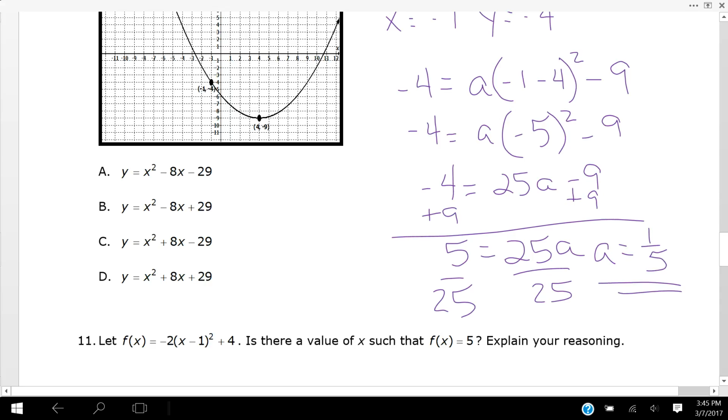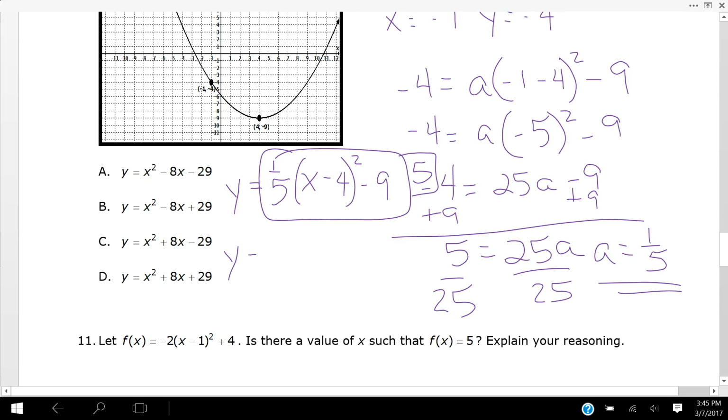And then I go, ooh, wait a minute, none of those have fifths in it. So I am going to say that y equals 1/5 times x minus 4 squared minus 9. And I'm going to multiply everything times 5.